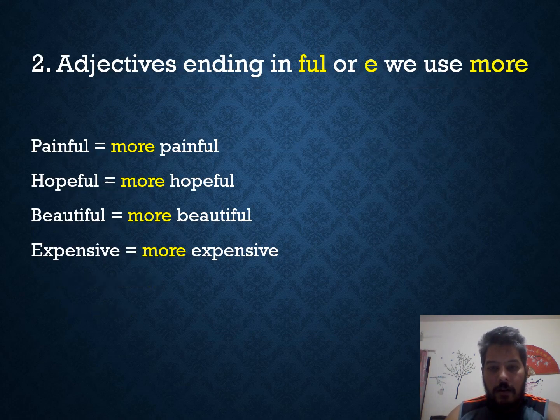For adjectives ending in ful or e we use more. For example, painful becomes more painful, hopeful becomes more hopeful, beautiful becomes more beautiful, and expensive becomes more expensive.